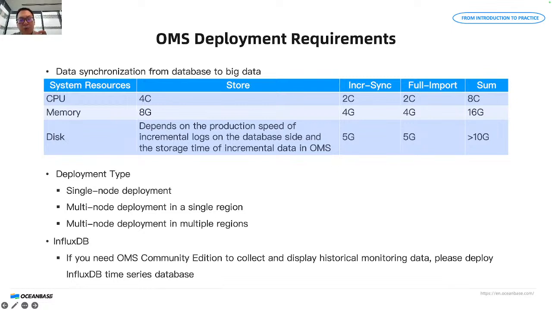Then there is the requirement for InfluxDB, which we just mentioned. It's used to collect and display historical monitoring data. If InfluxDB is not deployed, this monitoring data cannot be displayed.